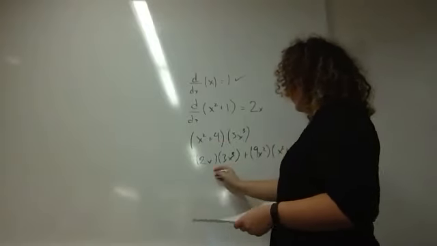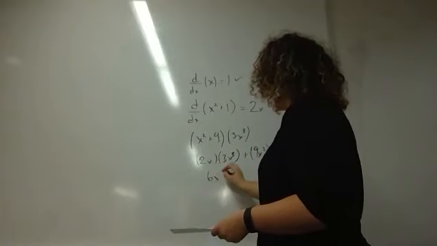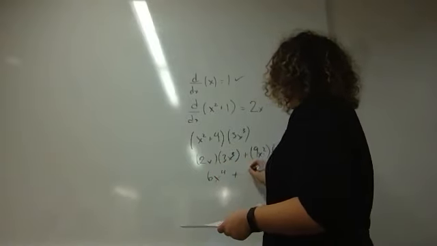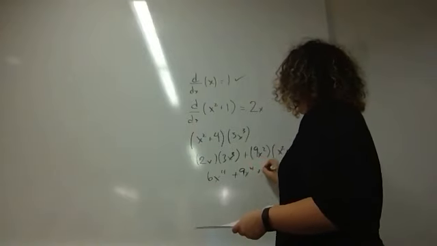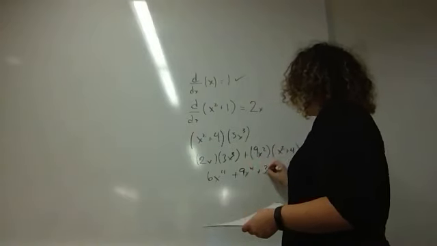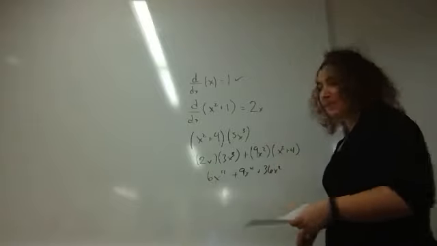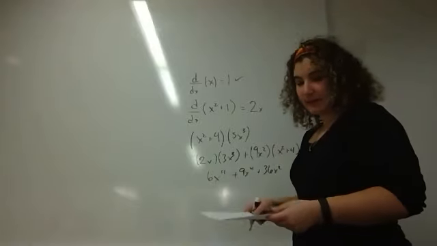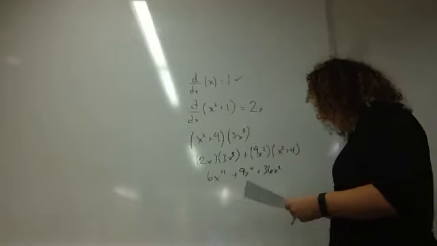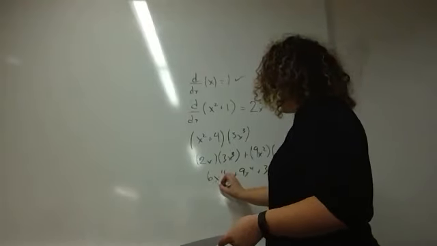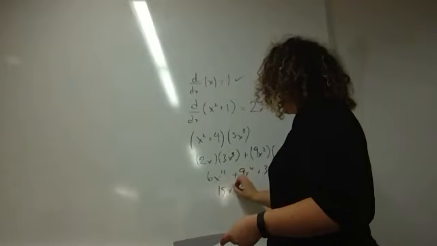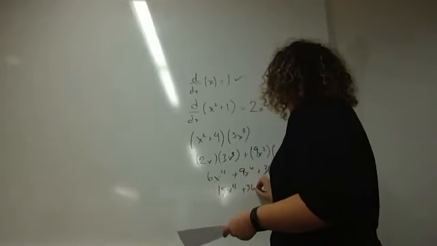And then when you multiply that all out, you're going to get 6x to the 4th plus 9x to the 4th plus 36x squared. And then from there, all you do is combine your like terms so that you would get something like 15x to the 4th plus 36. How cool is that?